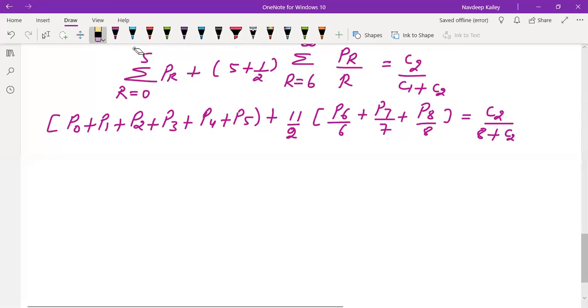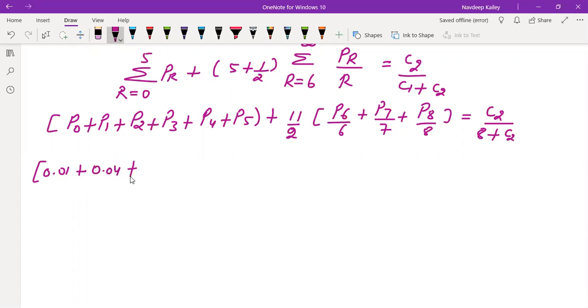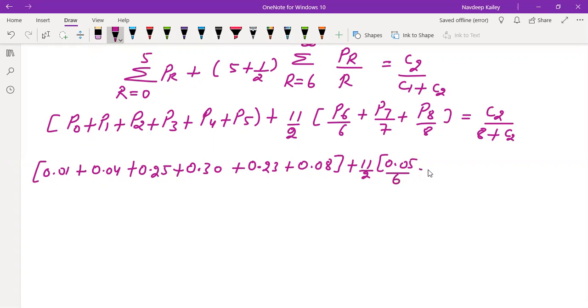After putting the values, we get 0.01 plus 0.04 plus 0.25 plus 0.30 plus 0.23 plus 0.08 plus 11 by 2 times 0.05 by 6 plus 0.03 by 7 plus 0.01 by 8 is equal to C2 by 8 plus C2.